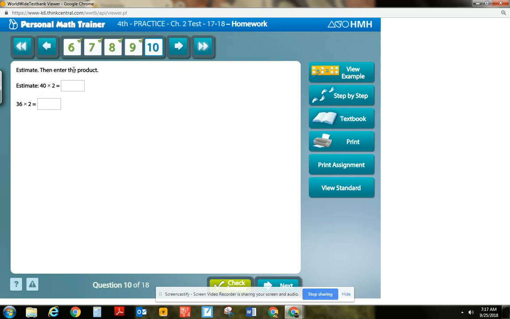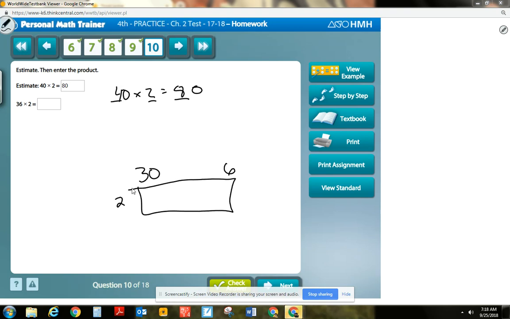Number 10, estimate then enter the product. All right, so estimate 40 times 2. 2 times 4 tens is 8 tens, or 80. Now 36 times 2. 2 times 3 tens is 6 tens, then 2 times 6 is 12.